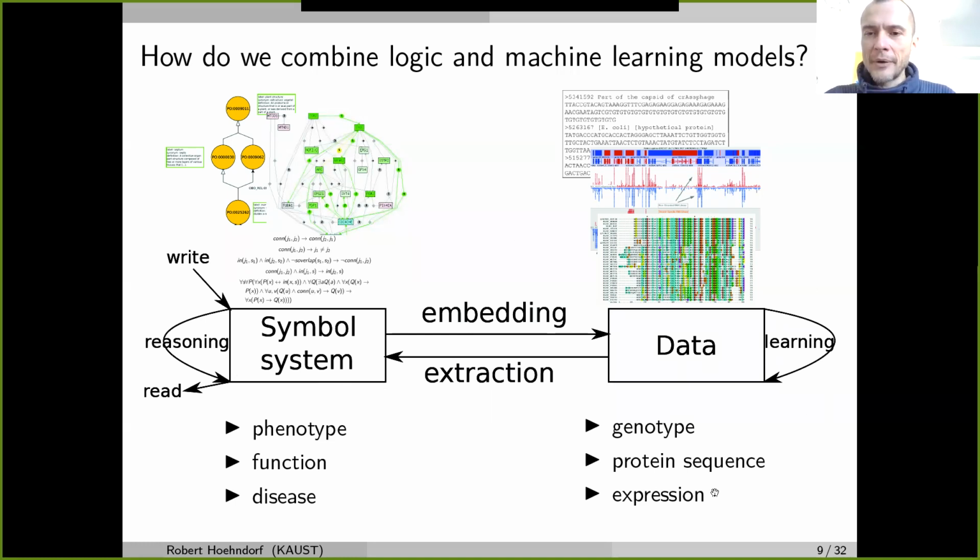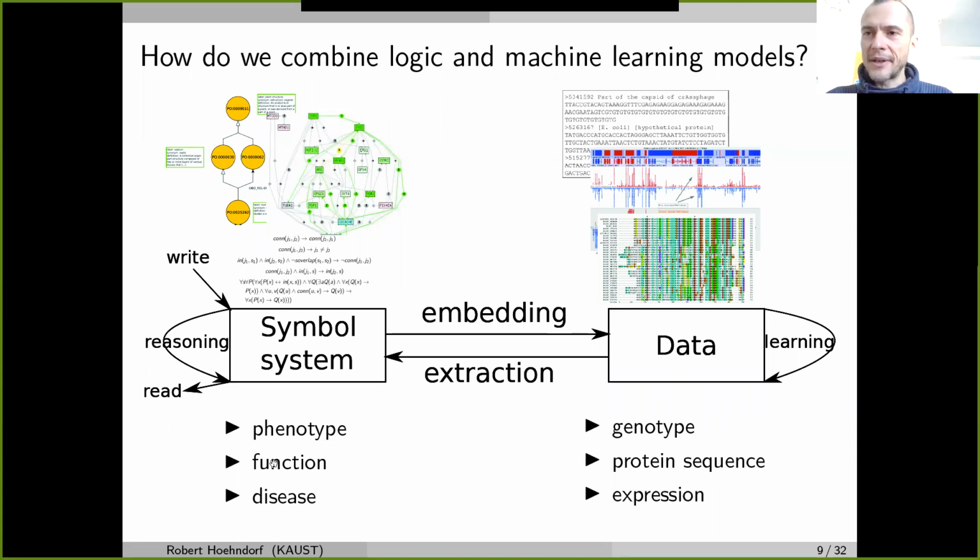And you also see the areas of application in bioinformatics, but I'm not going to talk much about these areas of application. Usually on the right-hand side is what we can measure, for example, about some patient or about a plant. So we would measure gene expression, we would sequence the organism. So it's something where we get large amounts of unstructured data.